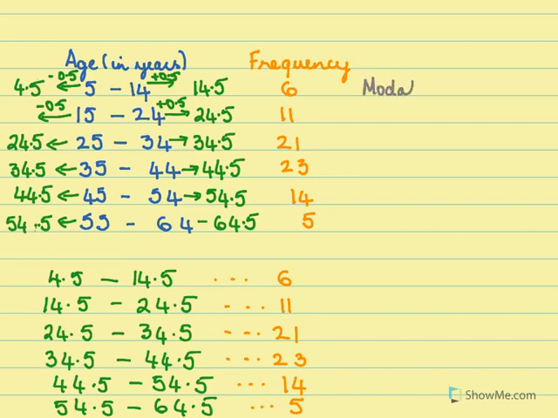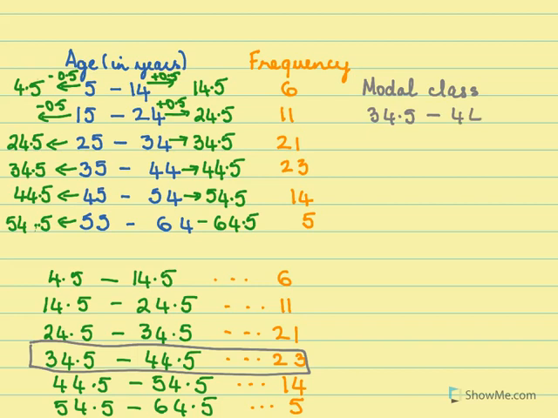Now the procedure is the same. We need to find the modal class. Now the modal class is the one with the highest frequency. 23 is the highest frequency, so this becomes the modal class. 34.5 to 44.5 is the modal class. We do this as F0, F1 and F2.